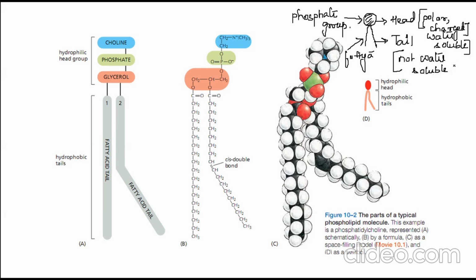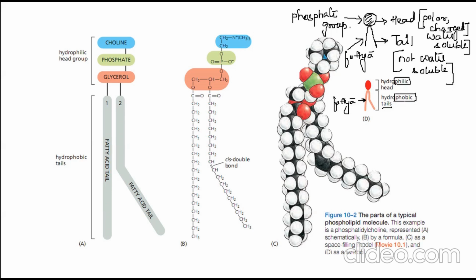The ones which are water soluble are said to be hydrophilic, so the head region is hydrophilic, and the one which is not water soluble, that is the fatty acid, is hydrophobic.